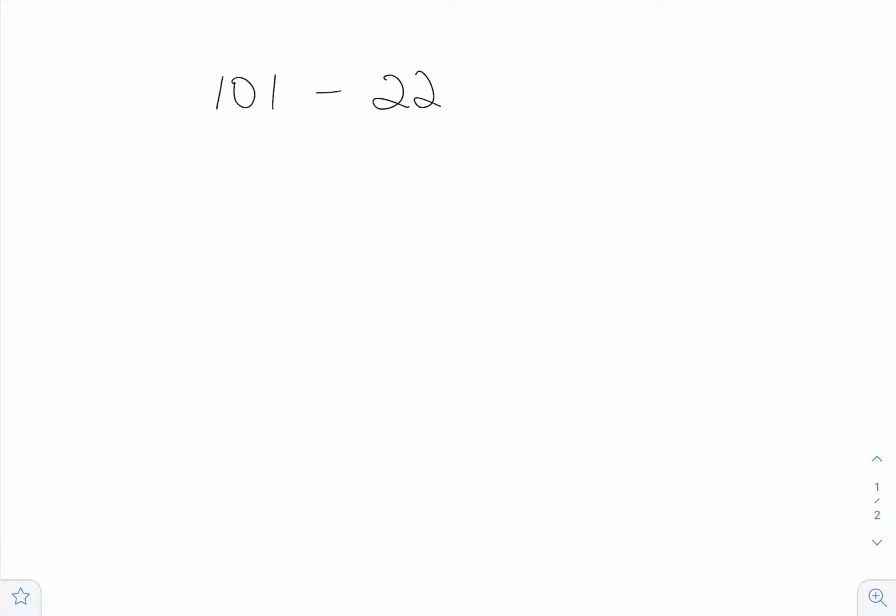We're going to create a number line, and our highest point is 101, and our lowest point is 22. Instead of minusing or taking away, we use the difference. So in this area right here, what is the difference between 101 and 22? We're going to add on this number line and find out. So let's start adding on.